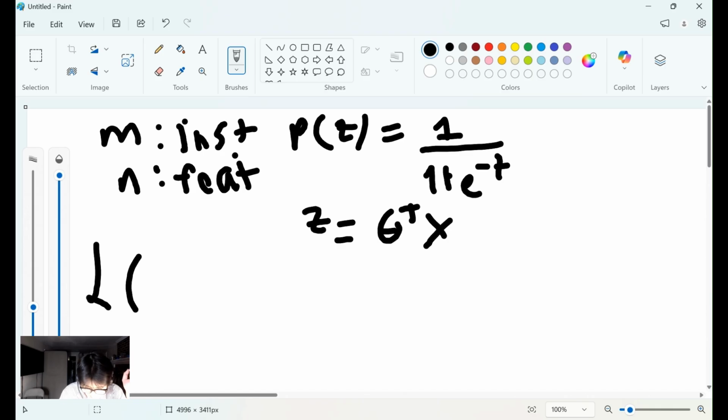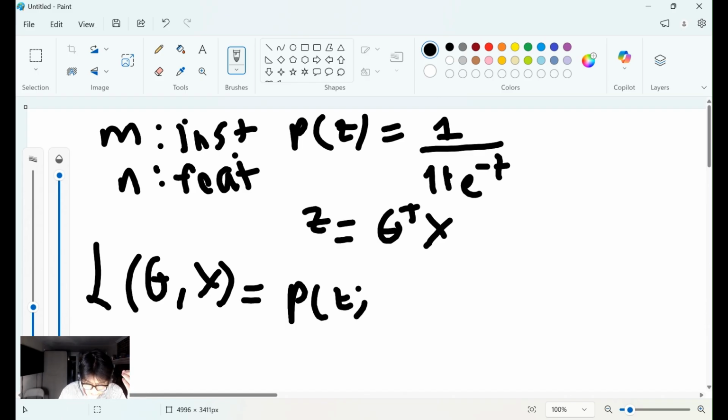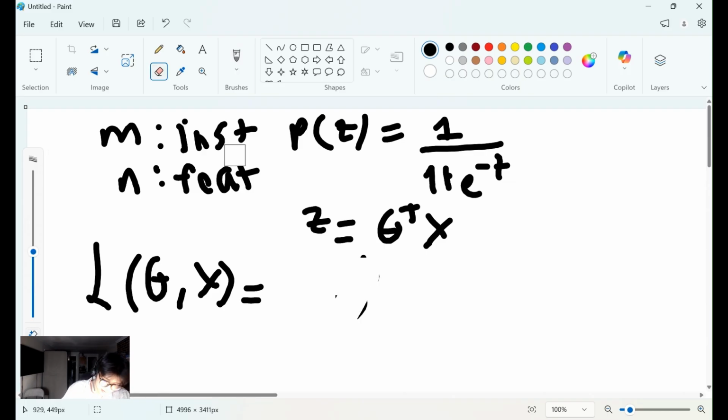The likelihood function of this will be L(theta, x) equals, so the probability that it's true, how confident is it to say that it's true? So it will be to the power of y. Oh, no, I missed some important part.